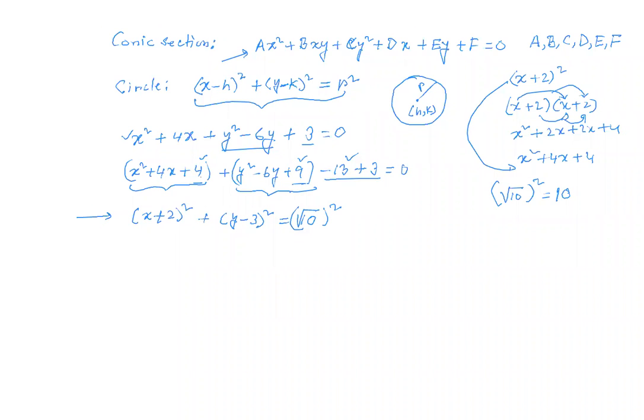So now if you compare it with x minus h whole square plus y minus k whole square is equal to r square, can you guys tell me what is h here? What is k here?